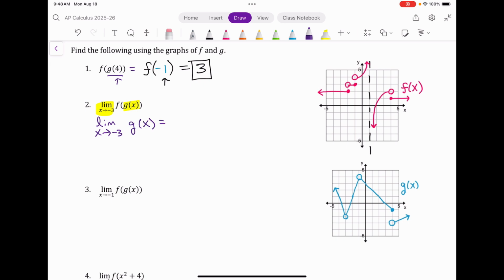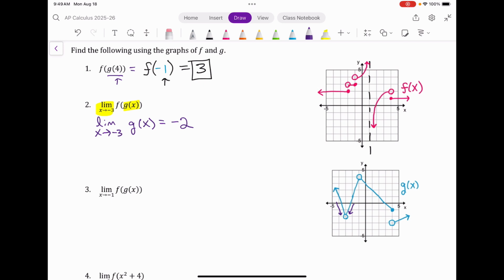And so we can see from the left side, as we approach -3, from the left, we're approaching a y value of -2, and then same from the right.